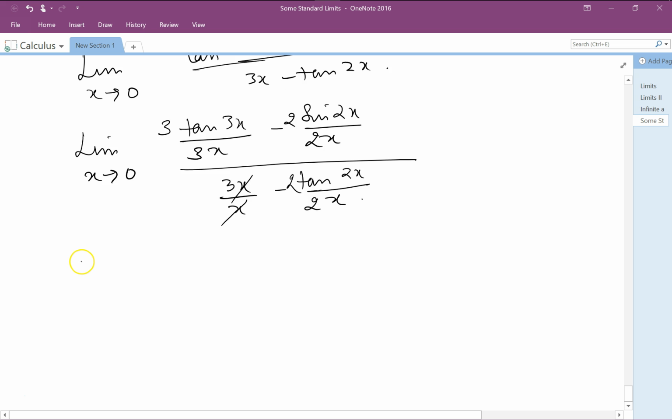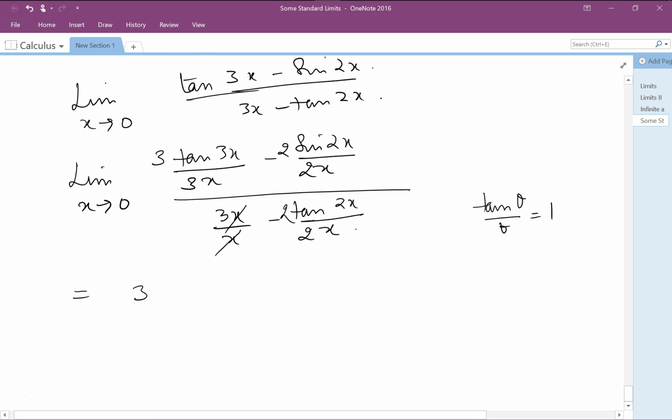So if we take the limit now, then remember tan theta by theta equals 1, and it's very easy to see how this happens. So this is sin theta by theta times 1 by cos theta, limit as theta approaches 0, right?